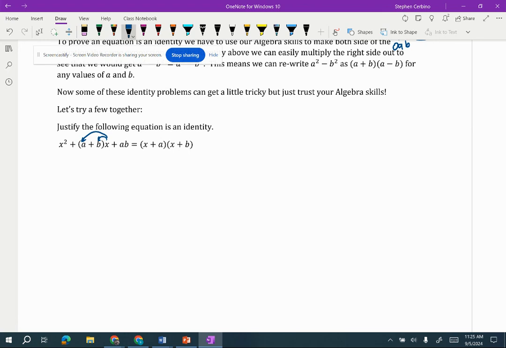This looks a little funny in the middle, but this is just the distributive property, just looks backwards. So I can rewrite that left side as x squared plus ax plus bx, because x times a is ax, x times b is bx, plus ab. On the other side, I have a binomial times a binomial, so again, I'll use some boxes to help me out. We have x, a, and x, b.